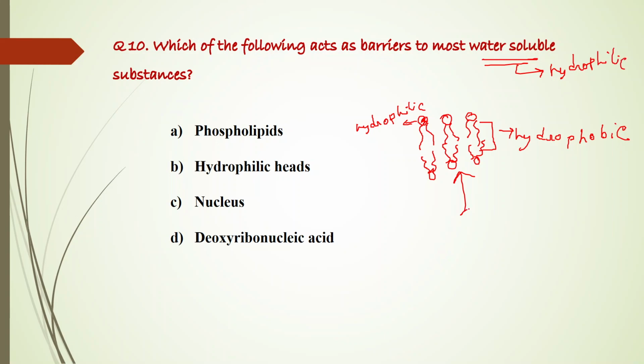So it can come up to the polar head groups, but whenever it enters inside, it will meet a hydrophobic region which will not be good for its solubility or stability. So it will not be able to transport through. Out of all these options, only phospholipids, that is basically your bilayer membranes, act as barriers for most water soluble substances. So the correct option should be option A.